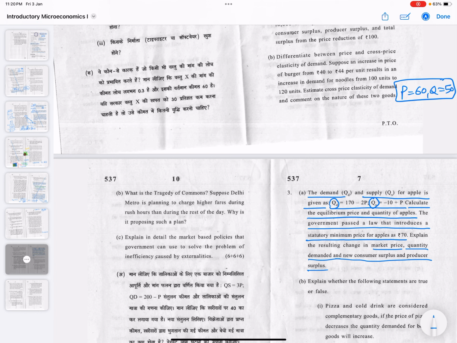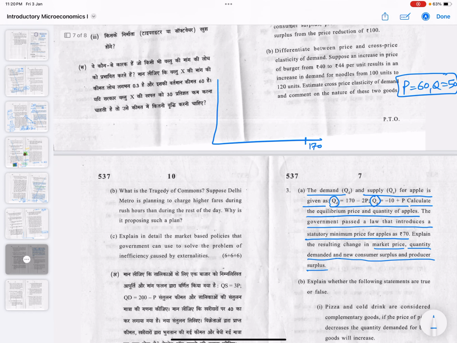Now when price is 0, quantity demanded is 170, and when quantity demanded is 0, price is 85. So we have something like this.